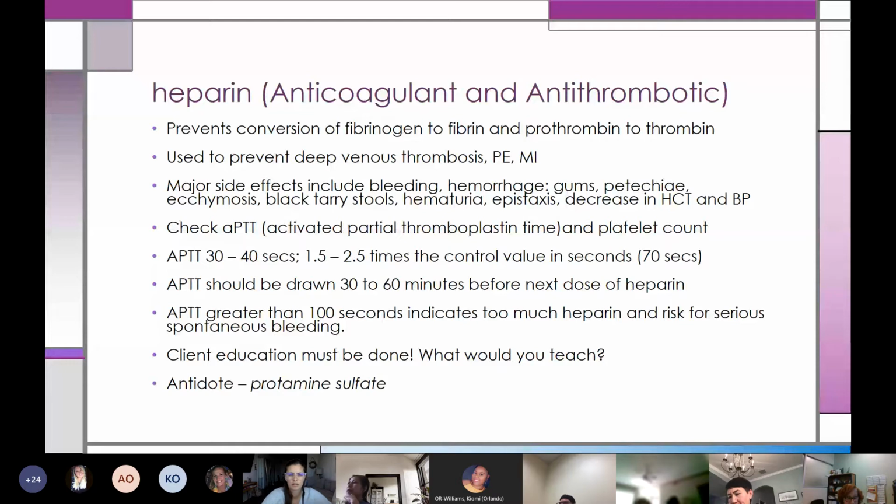And of course, we talked about the antidote earlier. If a patient is on an anticoagulant, when you take an IV out, how long should you hold that site after you've taken the IV out? What really is the minimal time that we should put pressure on it? 10 minutes? 2 minutes? 5 minutes. 5 minutes should be about the pressure rate, because even after 5 minutes, some patients still can bleed.